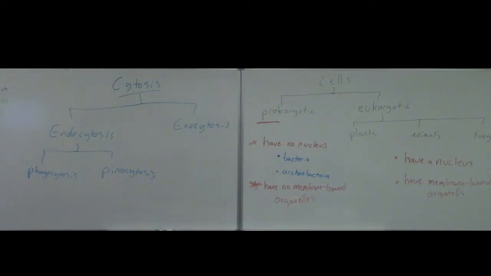Prokaryotic and eukaryotic cells. These are the 2 major groups. Plants, animals, fungi. I'm going to draw some cells.